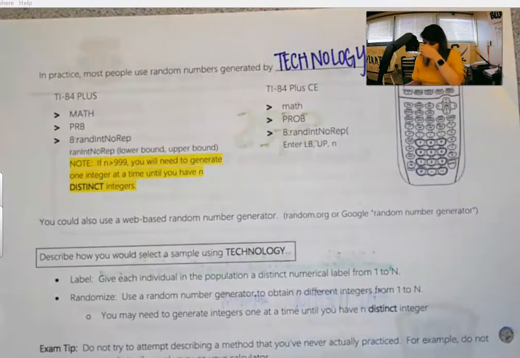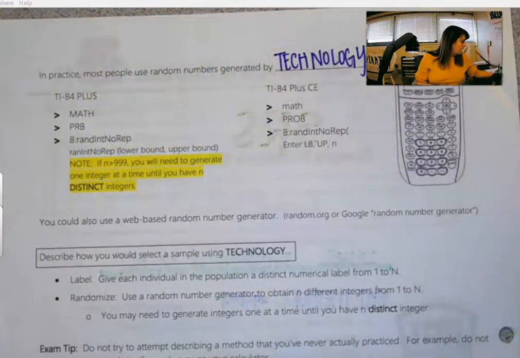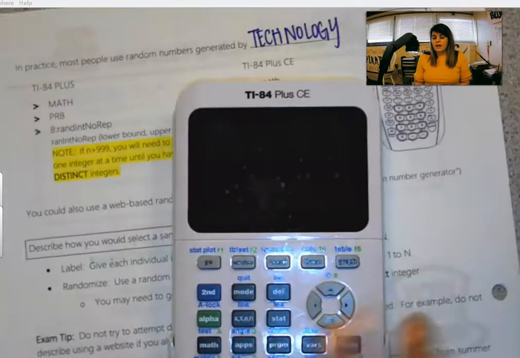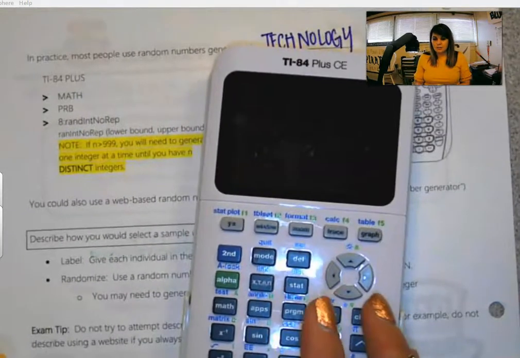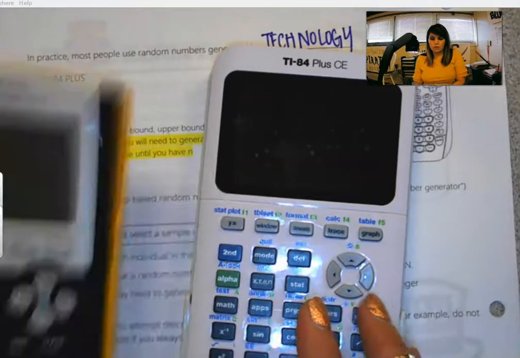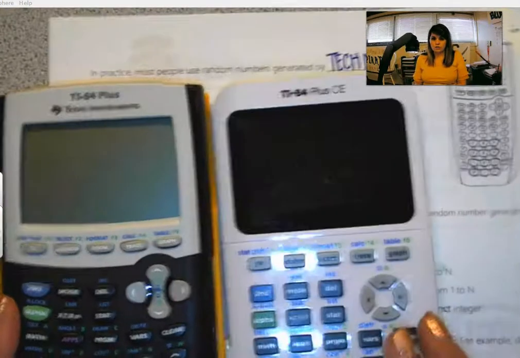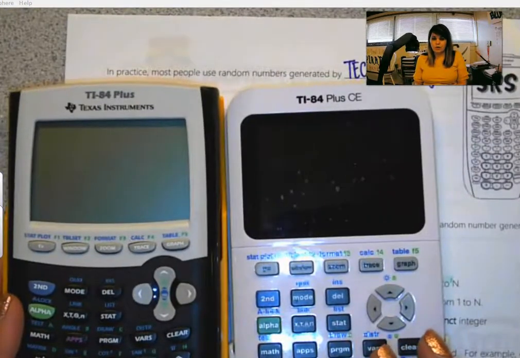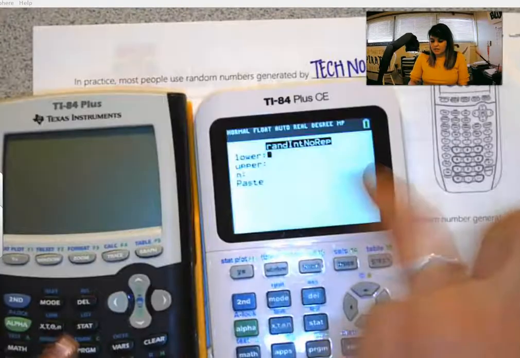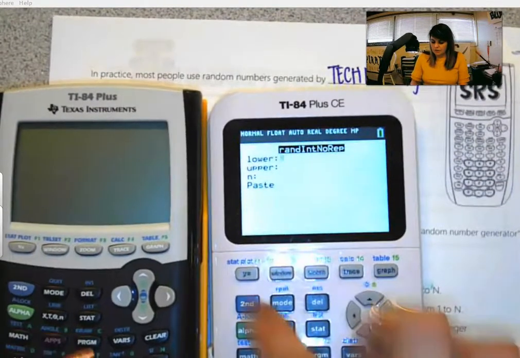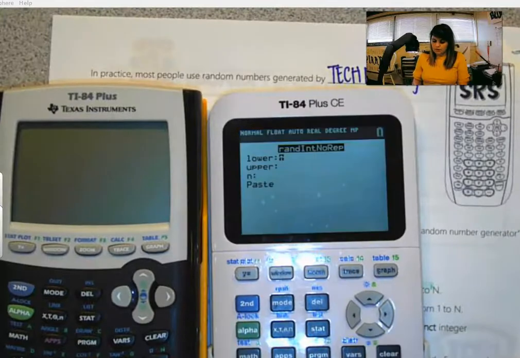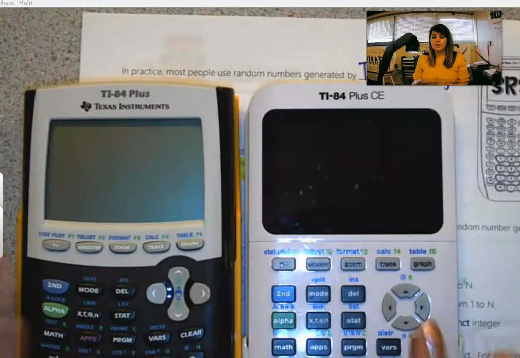Now in our class, we commonly have 2 calculators that are used. You can use the newer TI-84 Plus CE, or you can use the older version, the TI-84 Plus. Look how dirty that screen is. How embarrassing, teacher. Now they're slightly different.